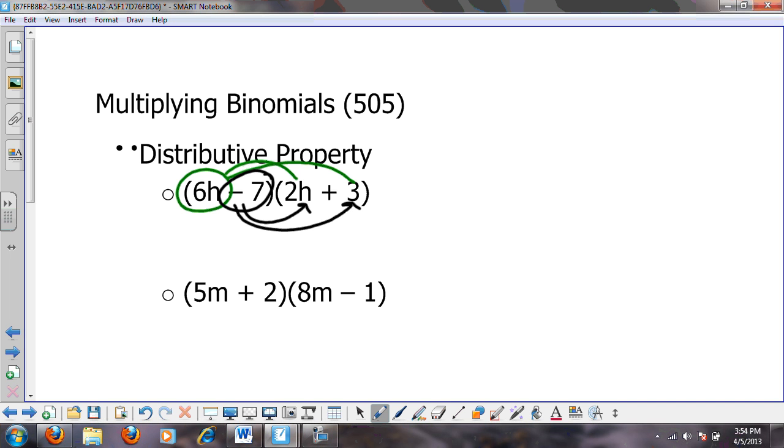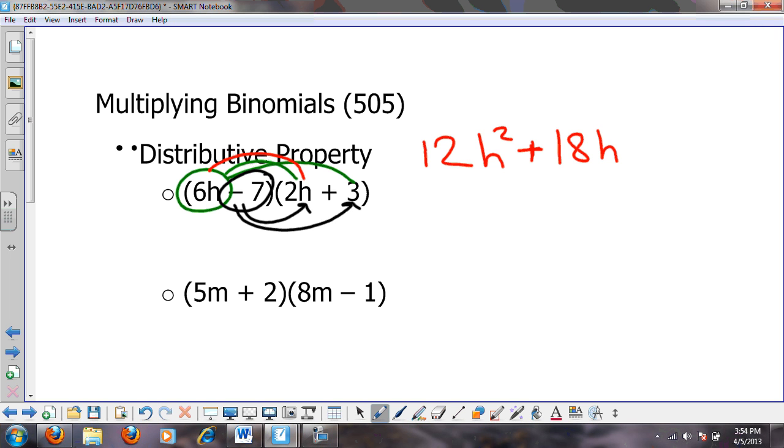Let's take 6h times 2h. Well, 6 times 2 is 12, and h times h is h squared. And 6h times 3. 6 times 3 is 18, and h times 1 is just h. And those are positive, so we'll add those together.